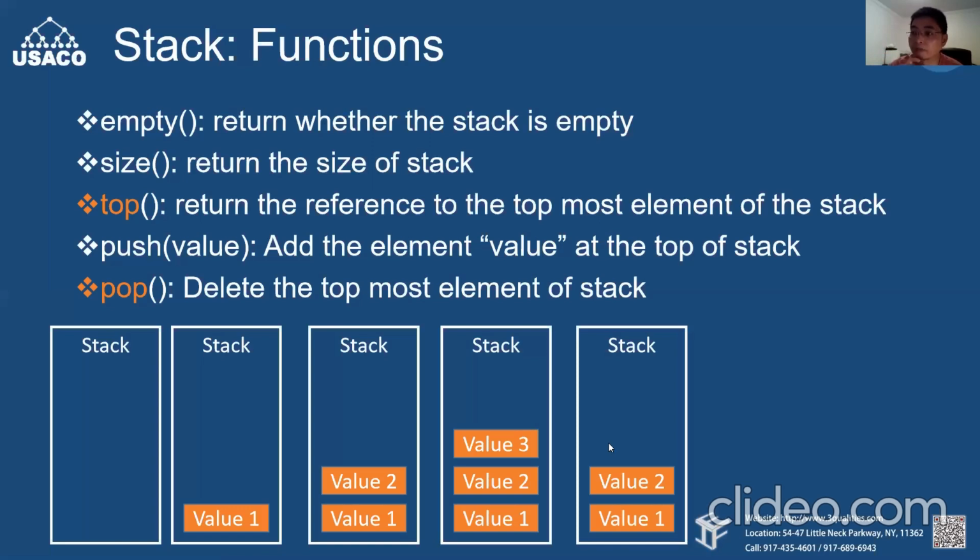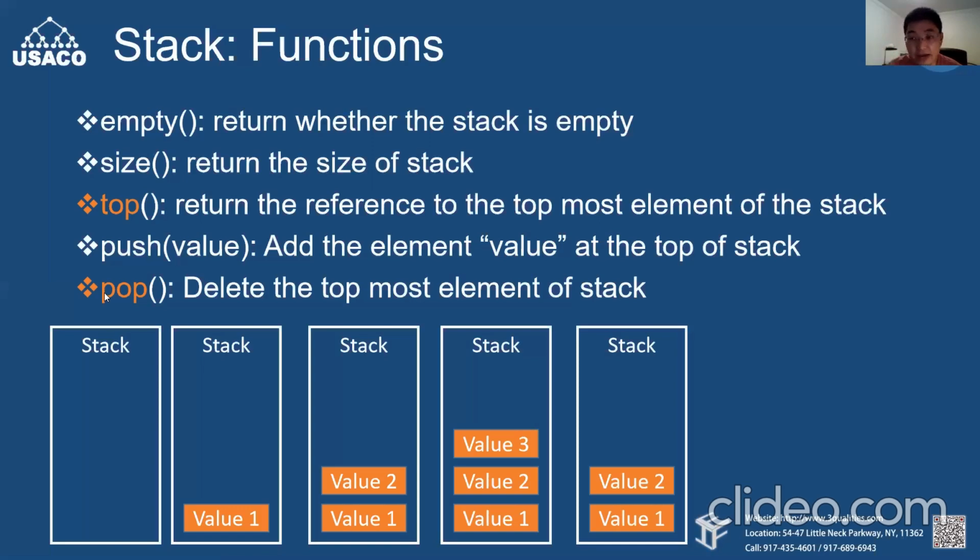But pop, right? Let me talk about the last item first. The last function is called pop. Pop deletes the topmost element of the stack. So that's different. The last function is push, right? And you can see here, the push function is the only function that takes a parameter.